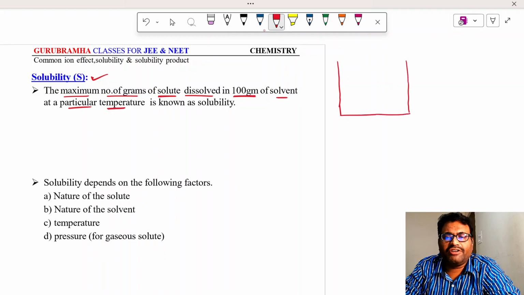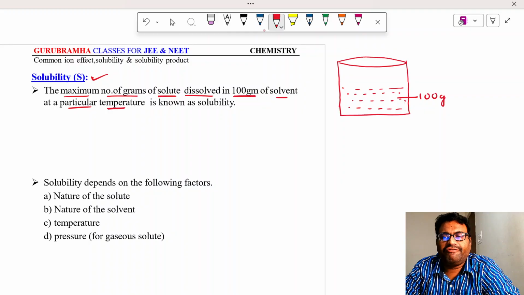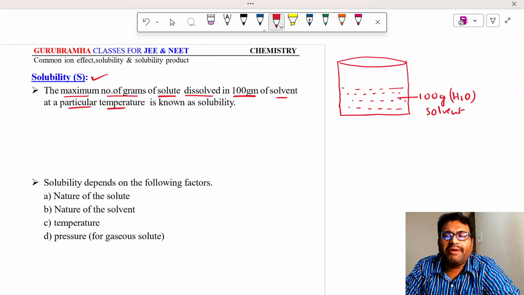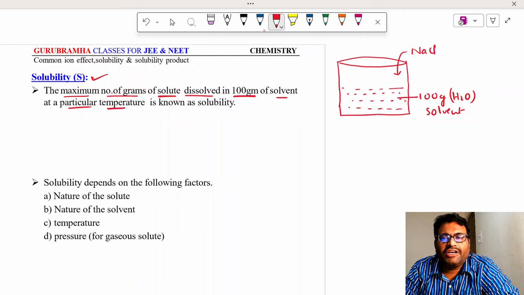Here there is 100 grams of water, for example. Now I am adding salt, NaCl. I am adding 1 spoon, 20 grams. Another spoon, 20 grams. When I add 1 spoon of NaCl, it is found that it has dissolved.